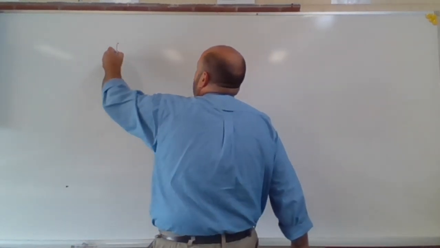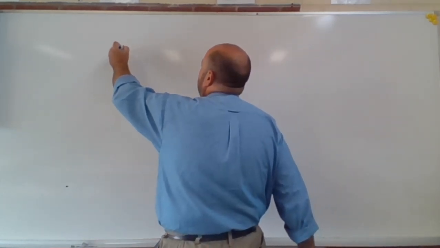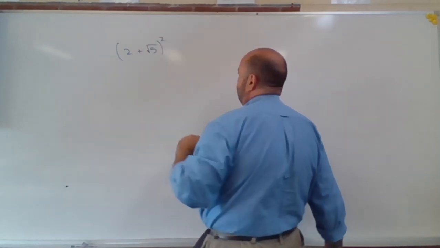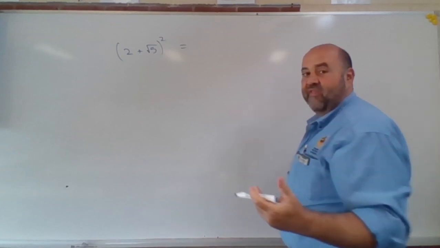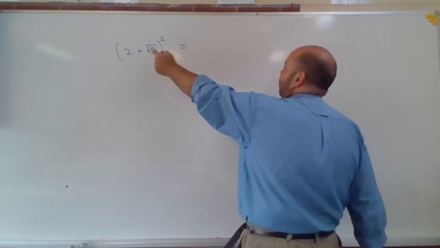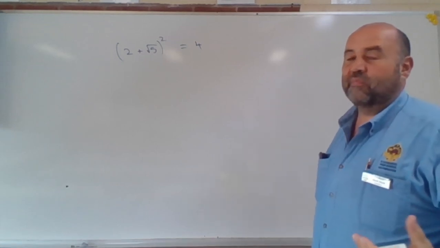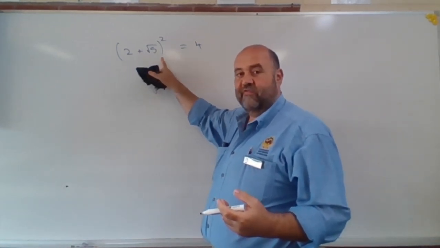So if I had, let's actually go to some number examples. If I had, let's say, 2 plus root 5 squared. Well, let me do that. I'll square the first, so 2 squared is 4. I'll take twice the product. Well, the product of 2 and root 5 is 2 root 5.